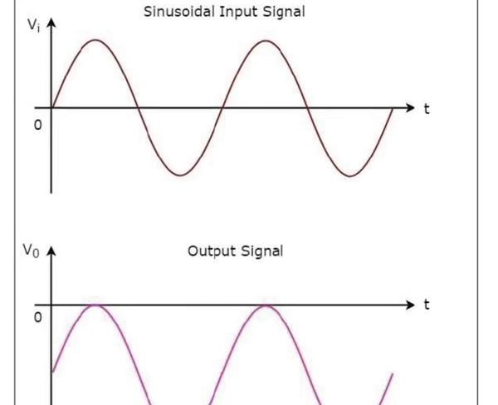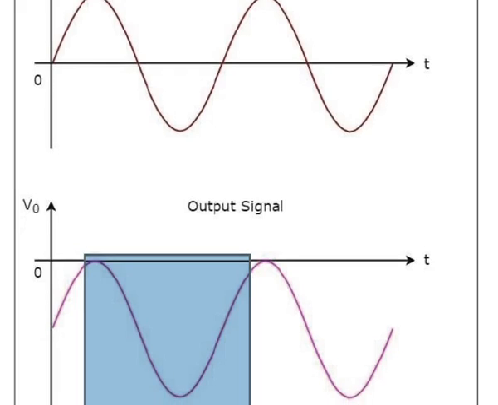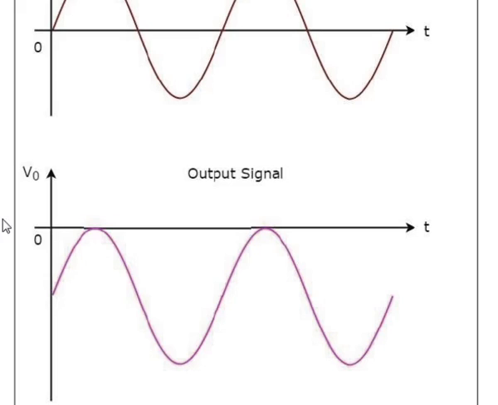So, this is the corresponding output. Here you can see that the output is shifted vertically downward, depending on the value of the DC reference voltage. This is the output of the negative clamper circuit.